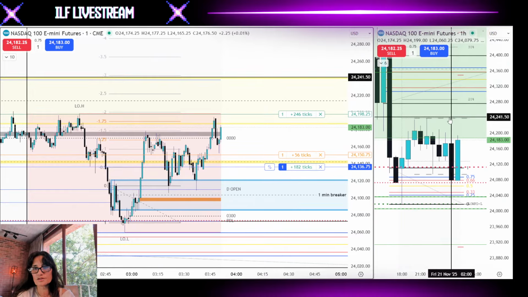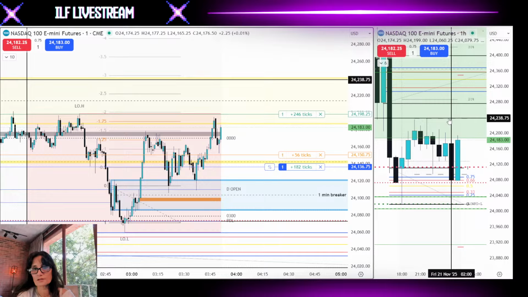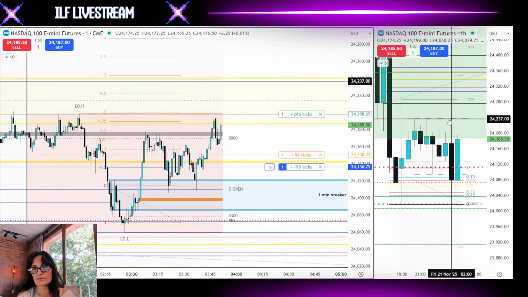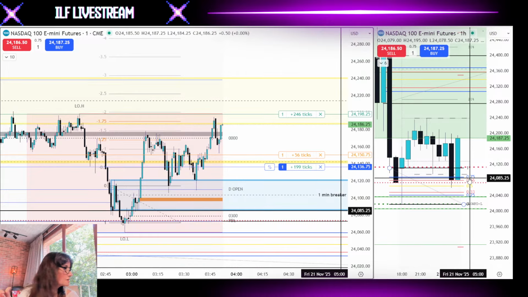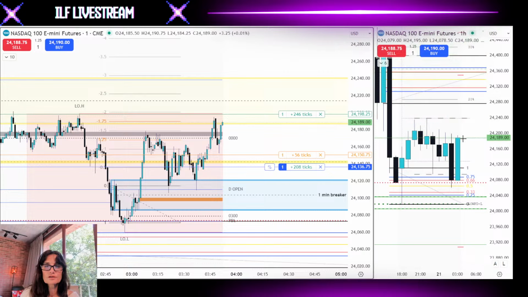Okay, so I want this to be hit before 4 o'clock preferably. But we might not do that. It might be too high. Might be the next 4-hour candle. So I'm taking just a low-hanging fruit here.